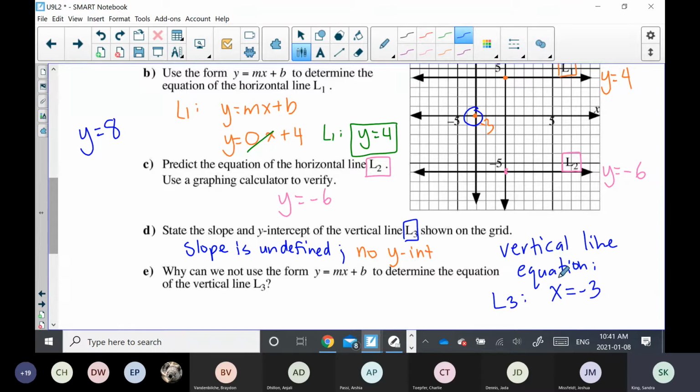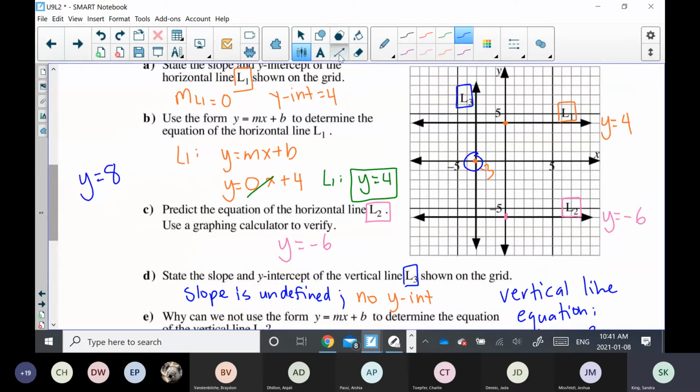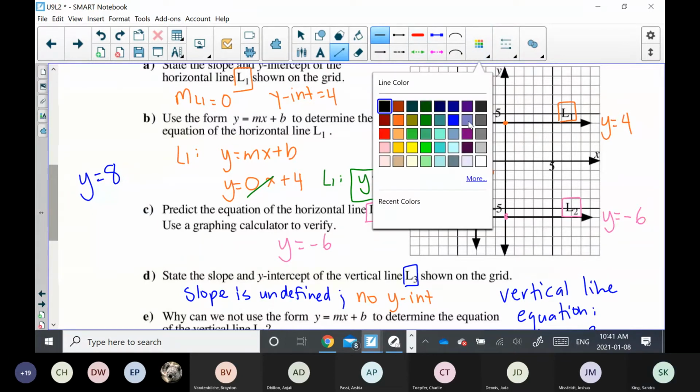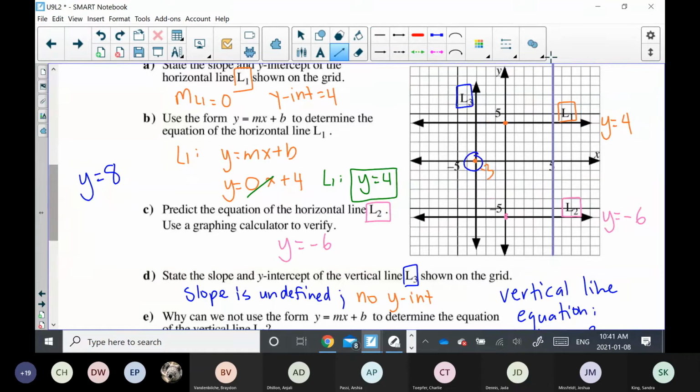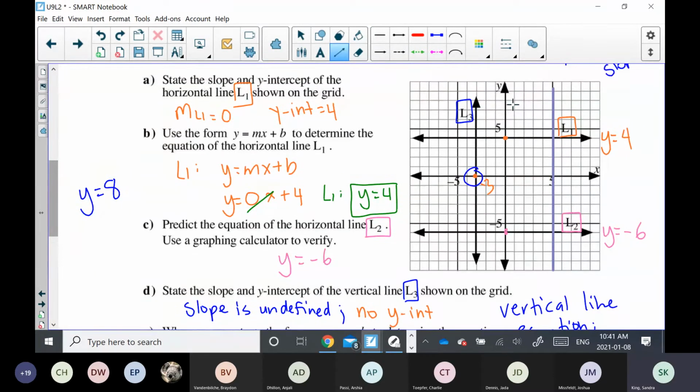So then based on that, let's just say I drew a vertical line right here. Okay, so let's say I drew a vertical line here, and I'm going to call this line 4.